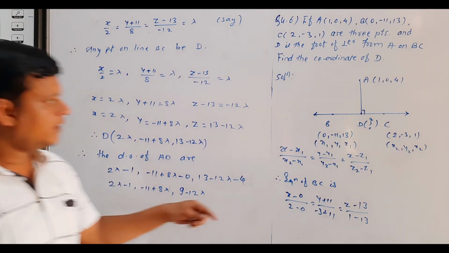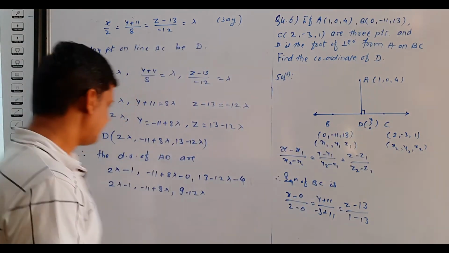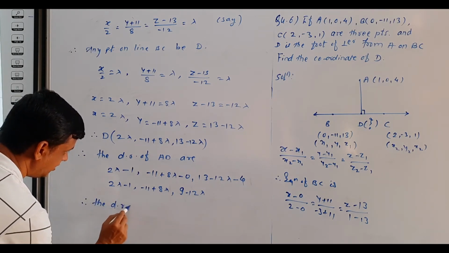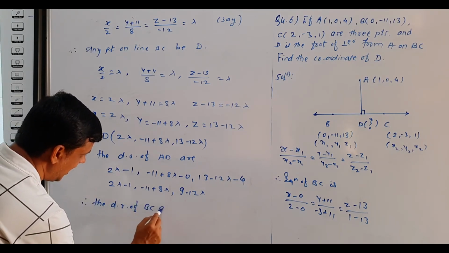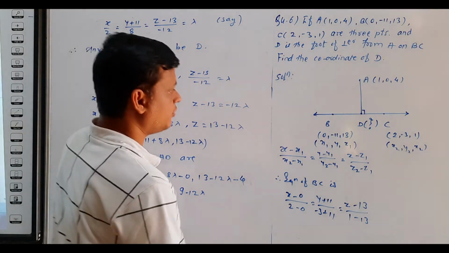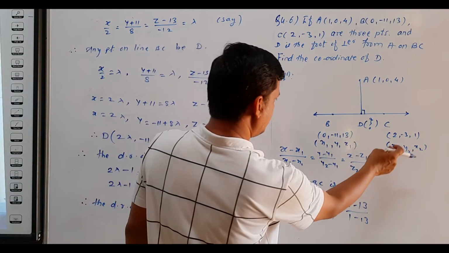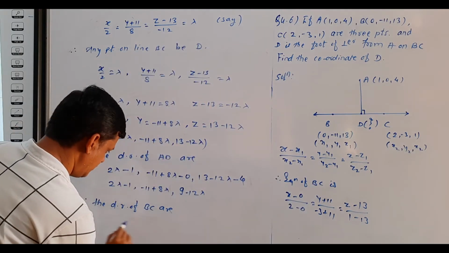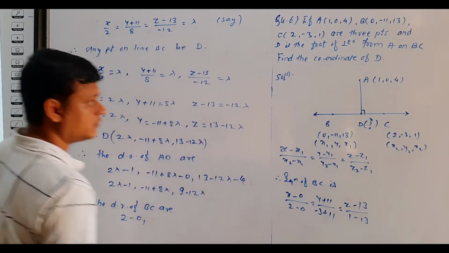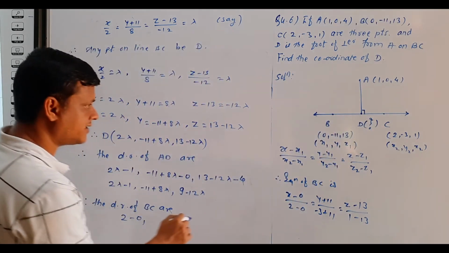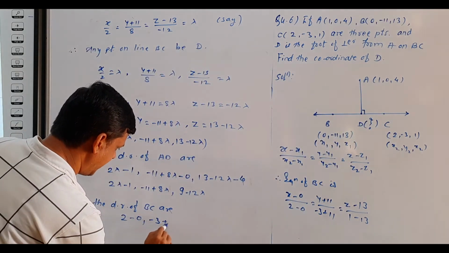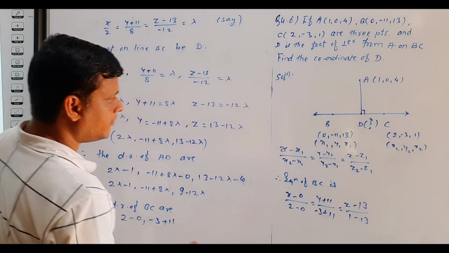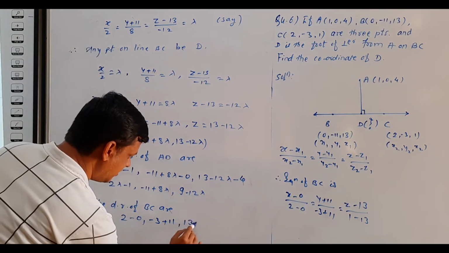Now we find the direction ratio of BC. Therefore, the direction ratio of BC are 2 minus 0, then minus 3 minus 11, so minus minus plus 11, then 13 minus 1.